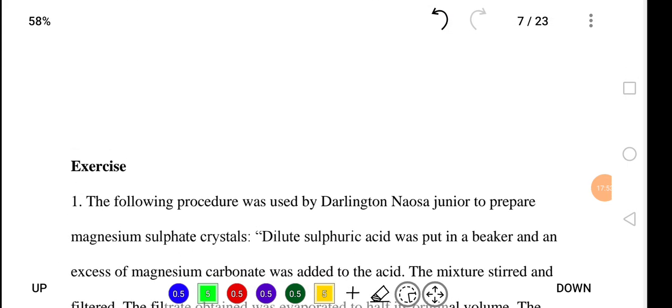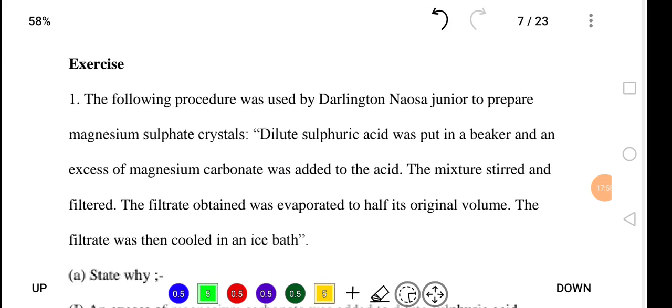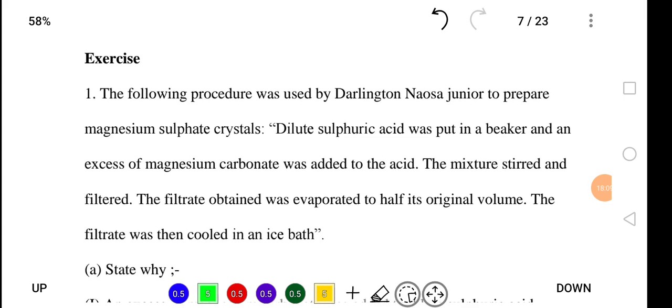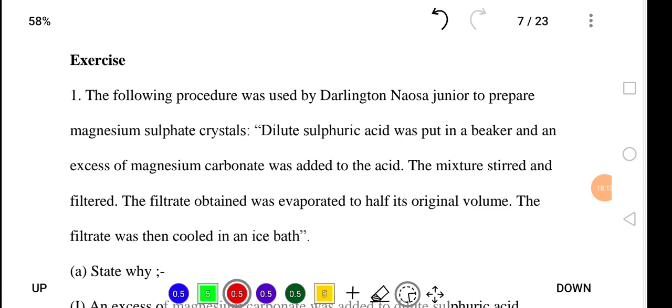And when you manage to do that, it means you have finished the procedure on how you can prepare magnesium sulfate. We can look at an exam question which has been given in the form of an exercise. The following procedure was used by Darlington Naumsa Jr. to prepare magnesium sulfate crystals.